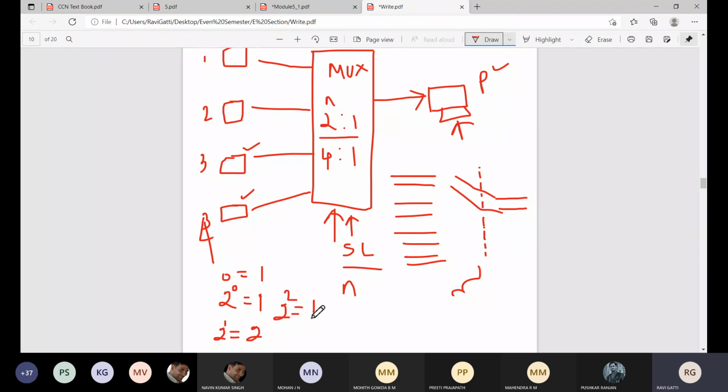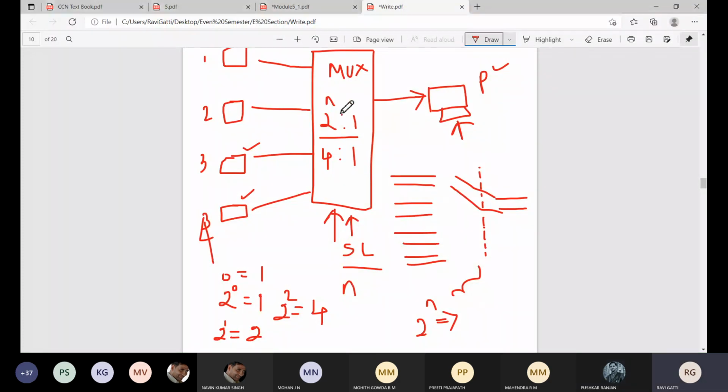So in a digital system, we always represent any given input in terms of 2 power n values. It will be easy for us to do the implementation, so we represent in terms of 2 power n only. Is that clear? Yes, sir.